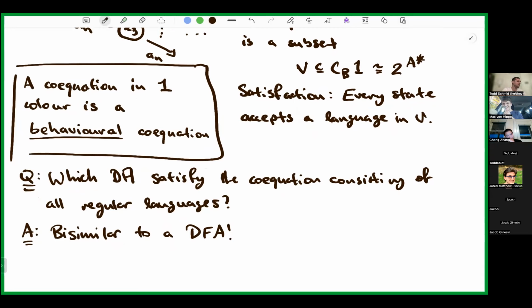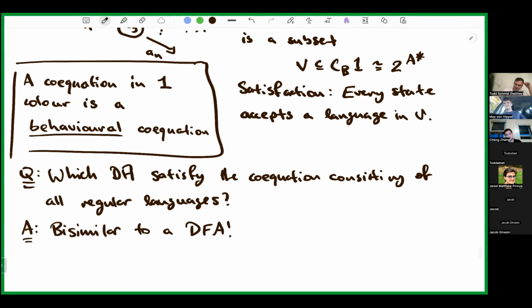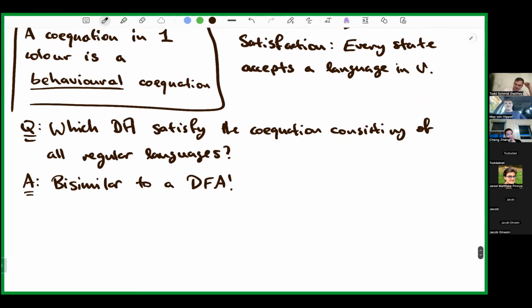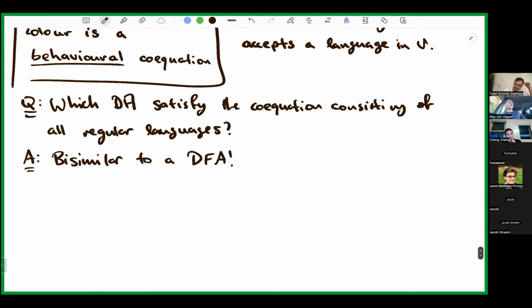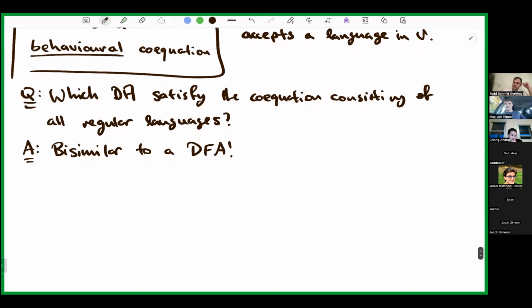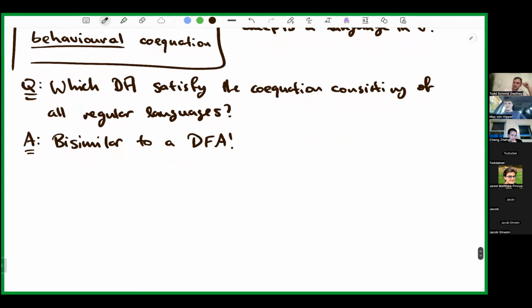The only other one that I really wanted to talk about was, if you'll entertain me or indulge me, a coequation on deterministic automata that is not behavioral, but is nevertheless very interesting.